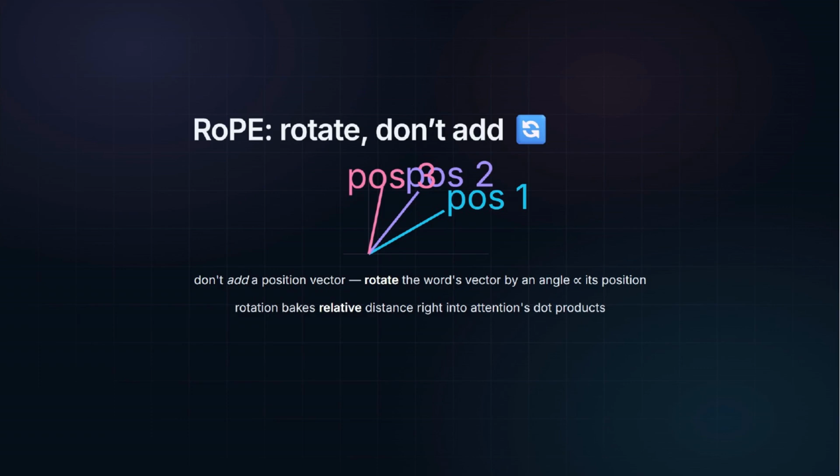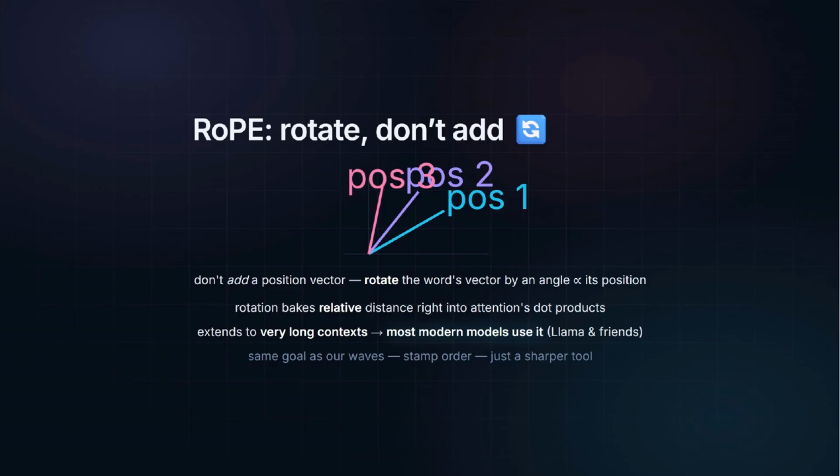Rotating bakes relative distance straight into the dot product that attention already computes. 2 words 3 apart always sit at the same relative angle anywhere in the text. And it extends gracefully to very long contexts, which is why most modern models, Llama and friends, use it. But notice, the goal never changed from our sine waves: stamp order onto the words. RoPE is just a sharper tool for the same job.